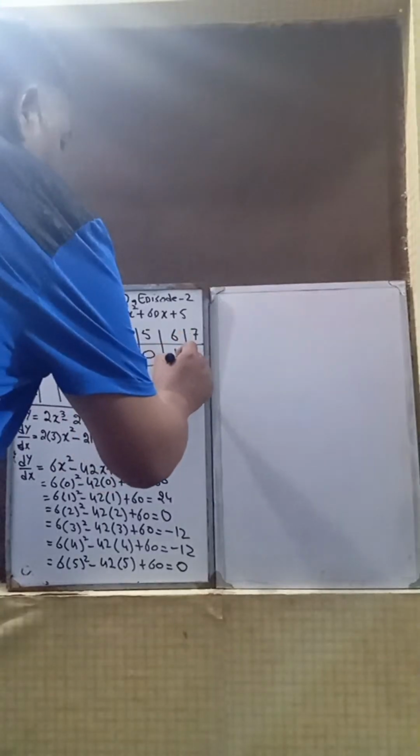Pardon me, I'm going to do it directly on the calculator. Okay. So you see, for 6, 6 multiply 6 square minus 42 multiply 6, and then we have plus 60 equals to, that is positive 24. So this is positive.